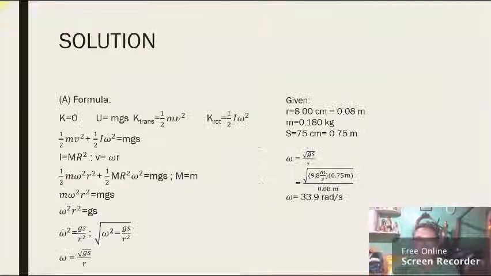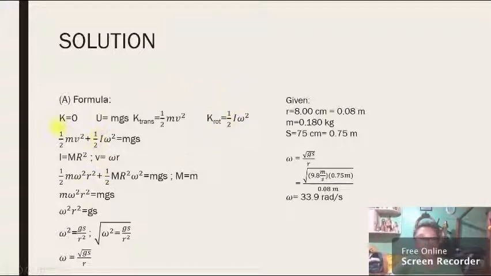So here, the formula, as I said, the initial kinetic energy is 0, and then there is potential energy, which is gravity. Then we're gonna use the translational kinetic energy, which is 1/2 mv squared, and the rotational kinetic energy, which is 1/2 I omega squared.